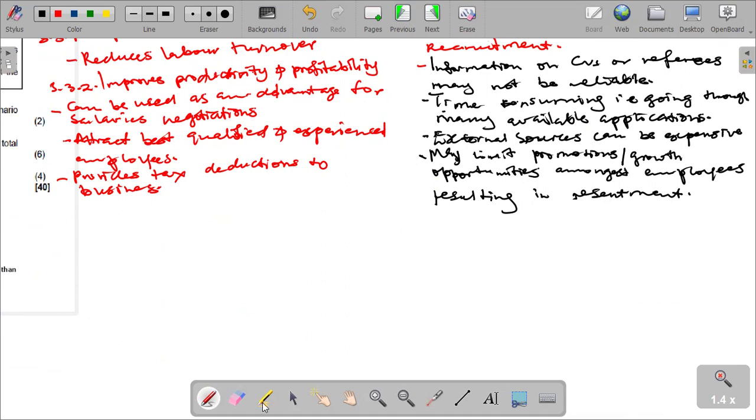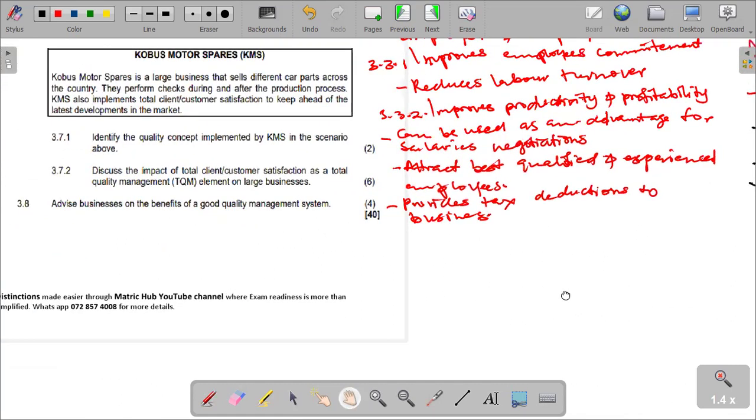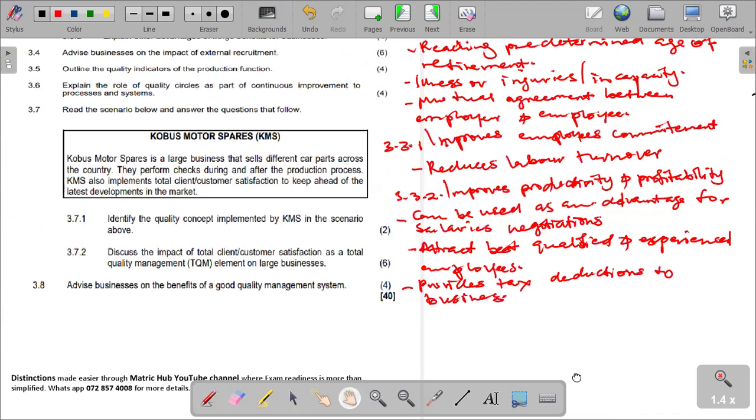So in that respect, it would also cause resentment amongst employees.